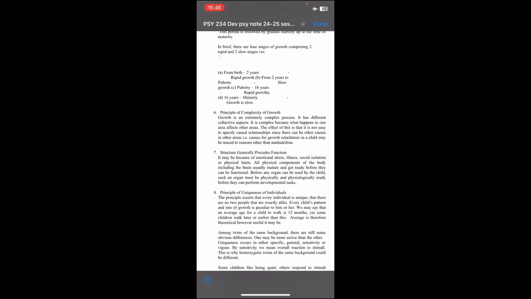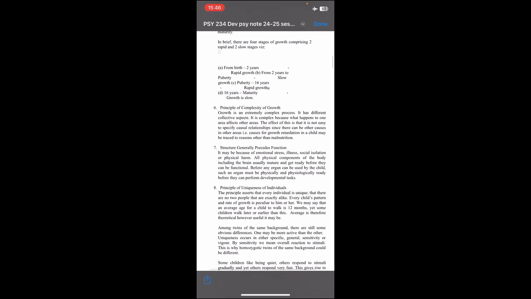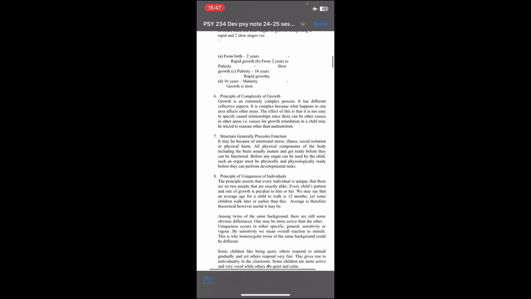From 2 years till adolescence, the growth is noticeable, but not that fast. It is slow. Then from puberty to 16, changes are happening. You're growing taller and so on. That is rapid. Then from 16 to maturity, I don't see any difference between the way I looked this year and last year. It's all the same. So from 16 to maturity, growth is slow.